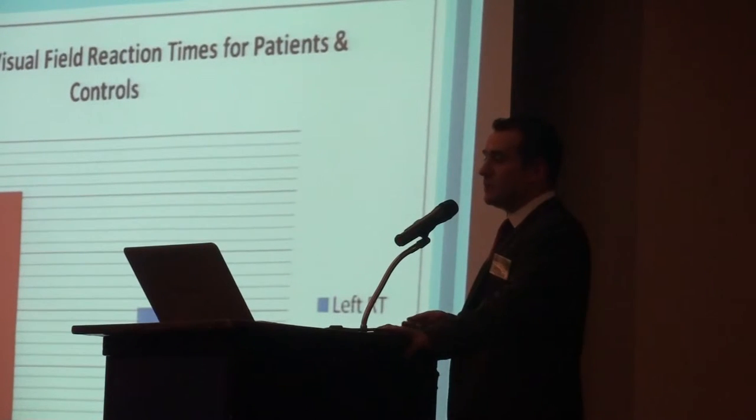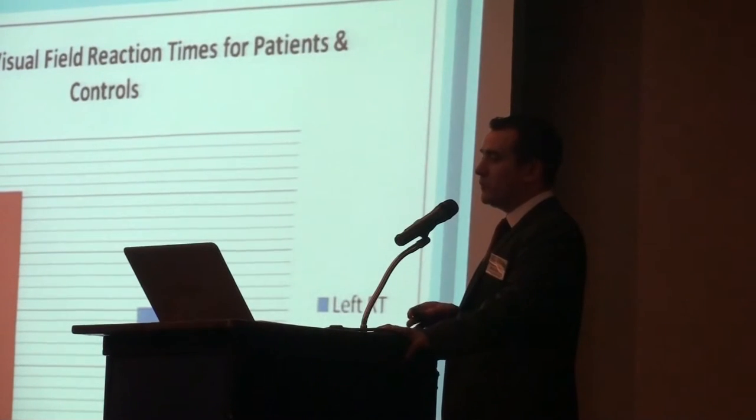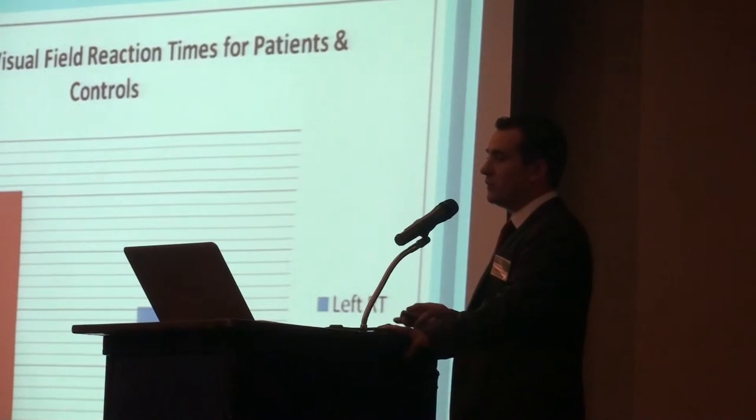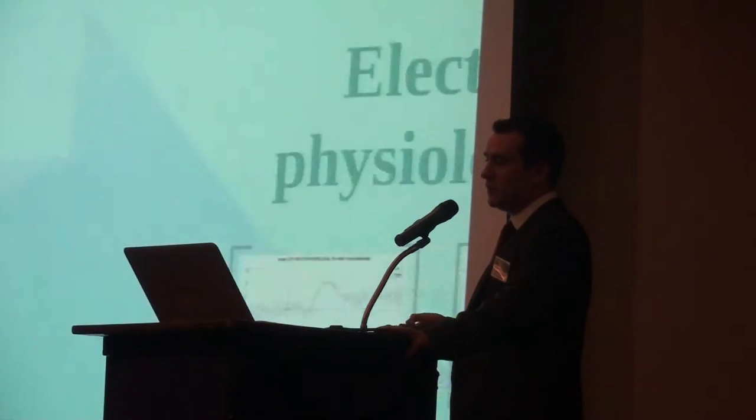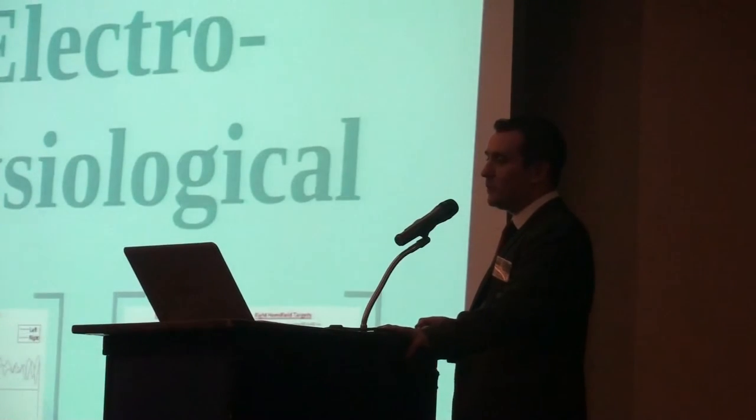Looking at reaction times, you'll see that the patient was significantly slower at detecting the targets, but not much of a difference between the left and the right. There's a reason for that, because our data was quite limited in how much we could use from the stroke patients because of their conditions, and I'm going to talk about that in a minute.